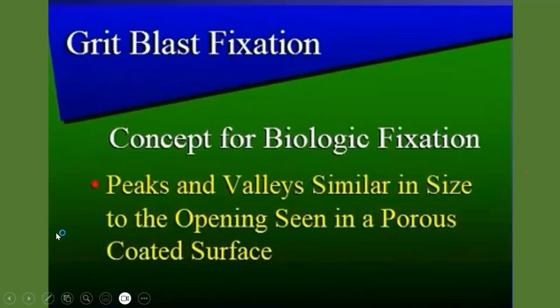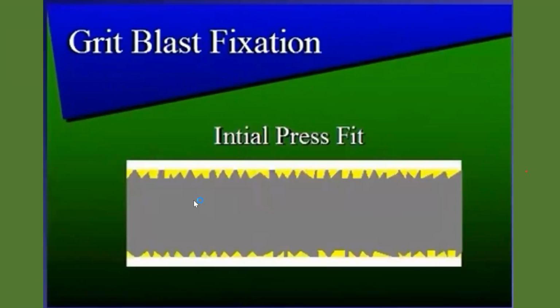It has some valleys similar in size to the openings seen in a porous coated surface. Bone will grow on this and hold, but don't forget, this is attached. This can shear away. When you have pores, it's different.